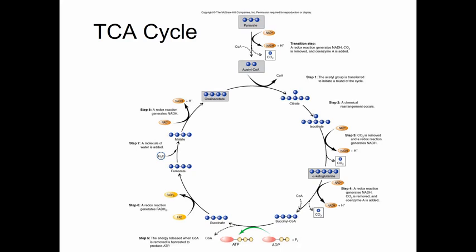We're also making reducing power: NADH, 1, 2, 3, so 6. And we're going to make FADH2, but how many? 2. We're also making ATP. 2 total.